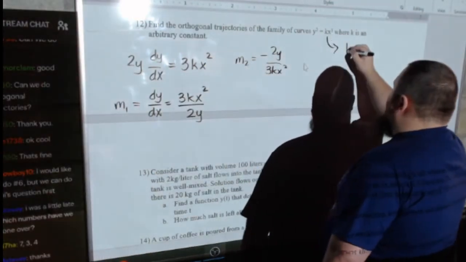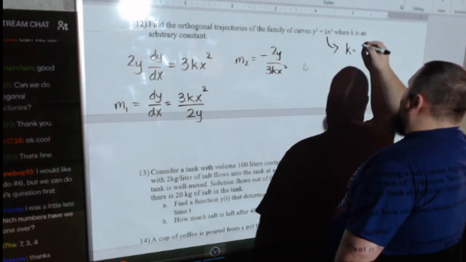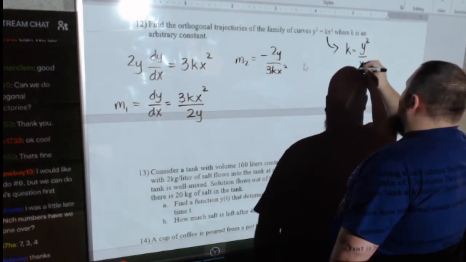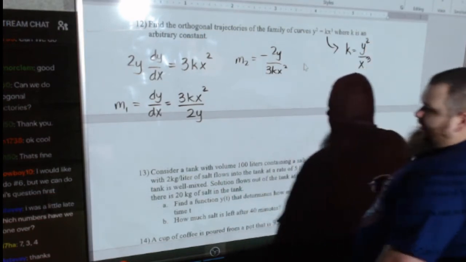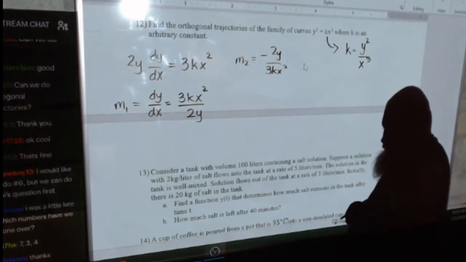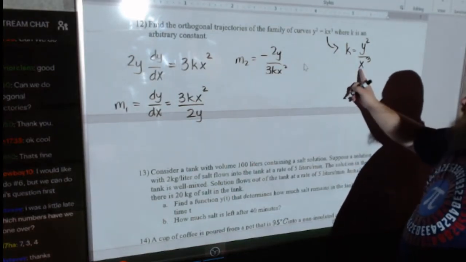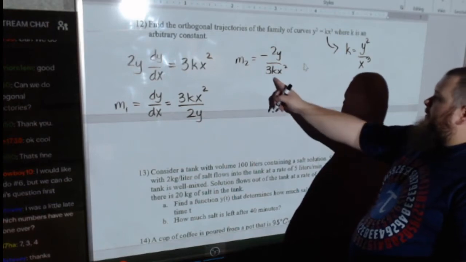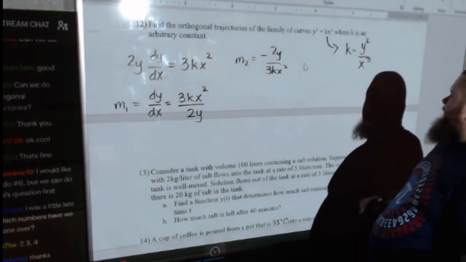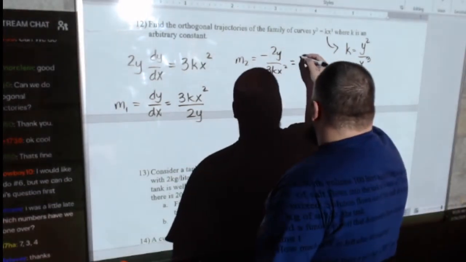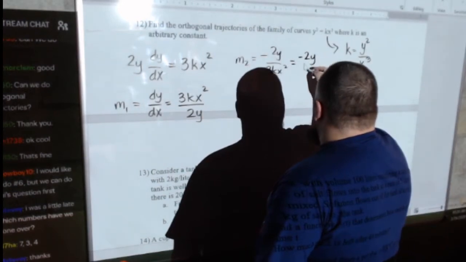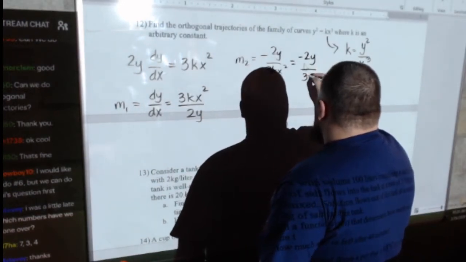Solving this for k, we get y squared over x cubed. So I'm going to take that and plop it in right there. So this will be minus 2y over 3x squared.